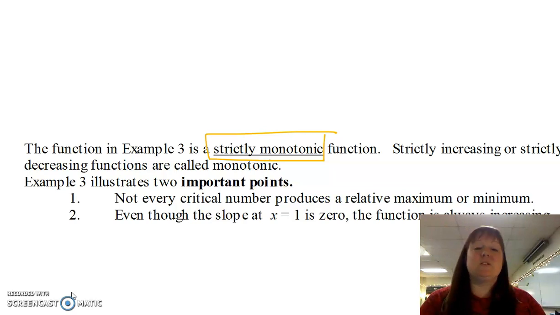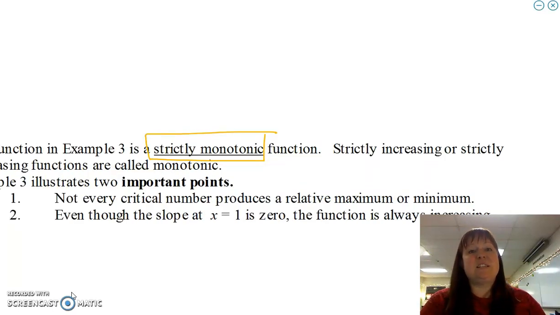Monotonic means that this function is always either increasing or always decreasing. So it has no relative min or max, and it really taught us a few things. The first thing it taught us is that not every critical number produces a relative min or max. So just because your derivative is equal to 0 doesn't mean you have a relative min or max.